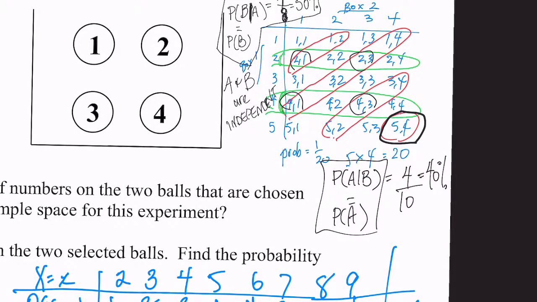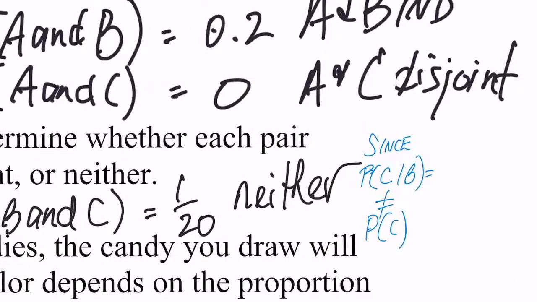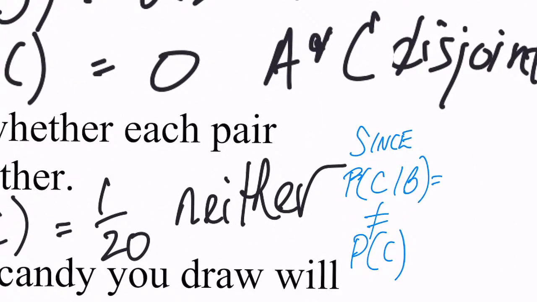Conditional means being inside the red. It's 1 in 10. So it changed. Since it changed, being in B, the probability of C changes to 1/10. It's more likely than overall.